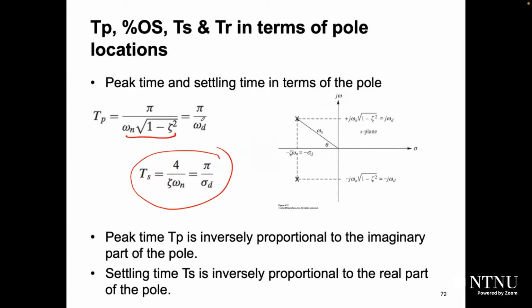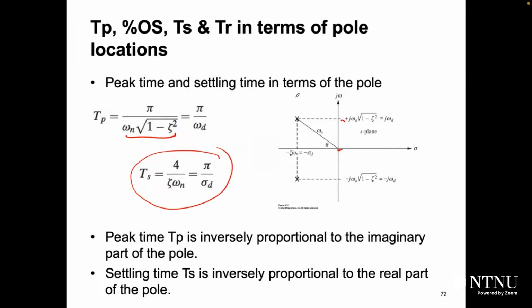So the peak time Tp is pi divided by omega d. Pi is constant, so Tp is inversely proportional to omega d. If you increase omega d, Tp will decrease, correct? And if you decrease omega d, Tp will increase.